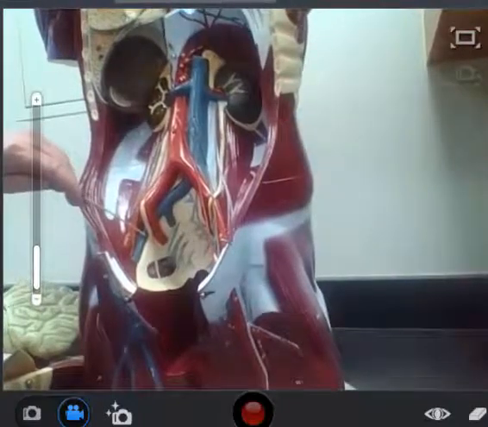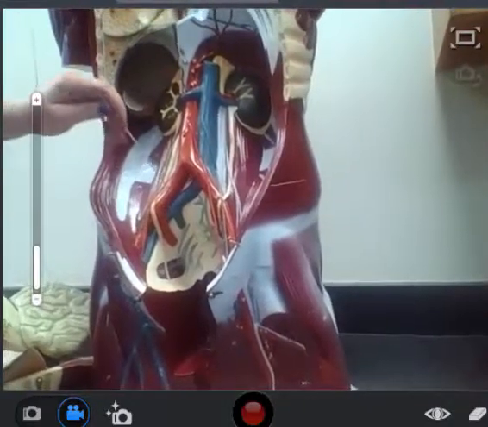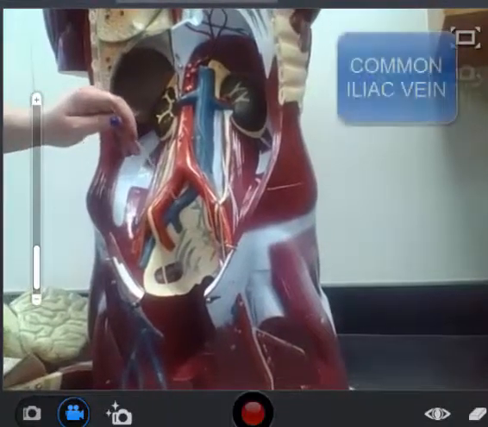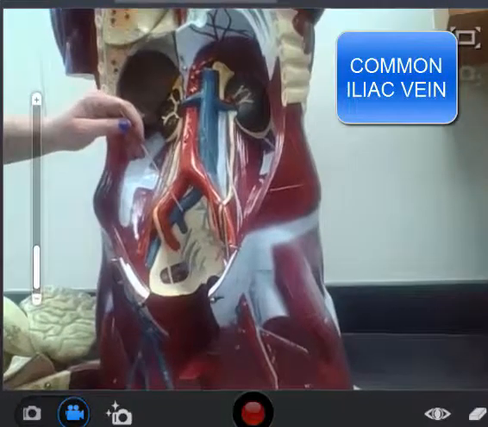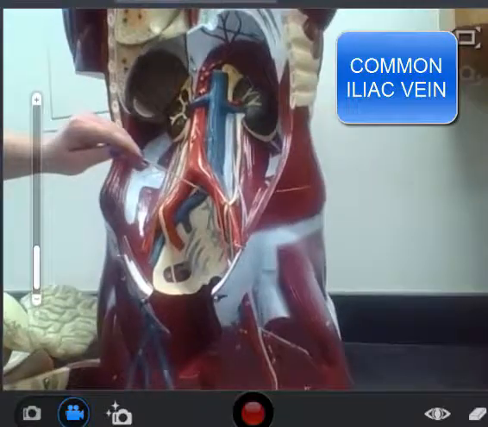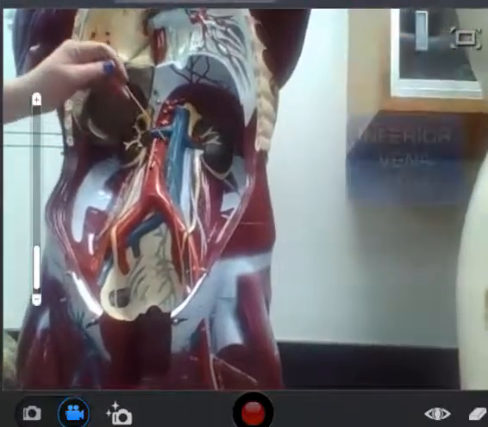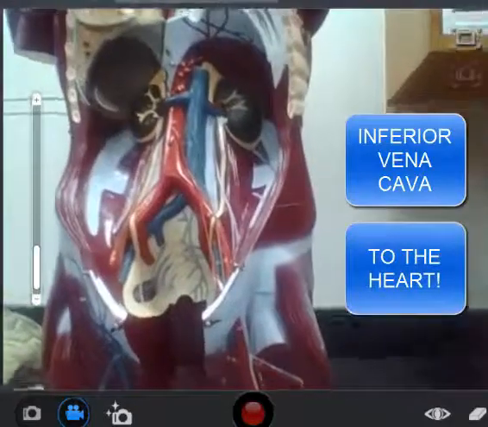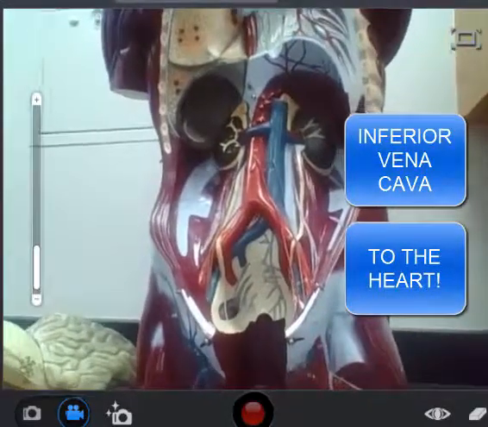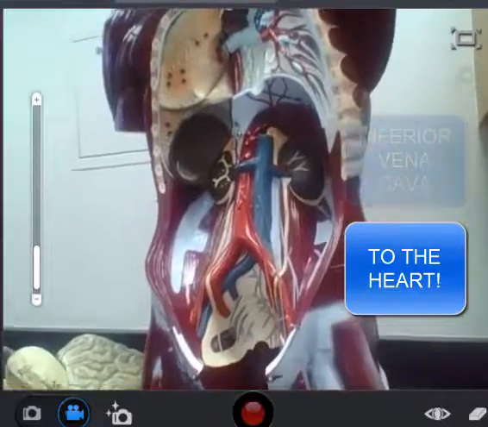It does the same thing the arteries do. Okay? And then it's going to combine here. This becomes your common iliac vein. This is the common iliac vein on the other side. And then it combines to the inferior vena cava, which goes to the heart. Question.